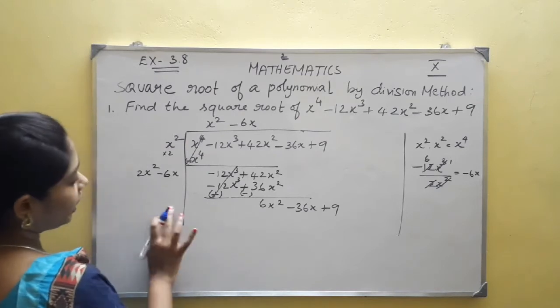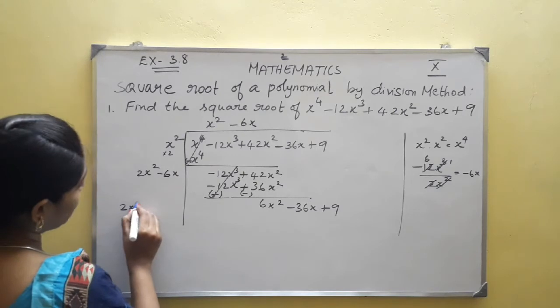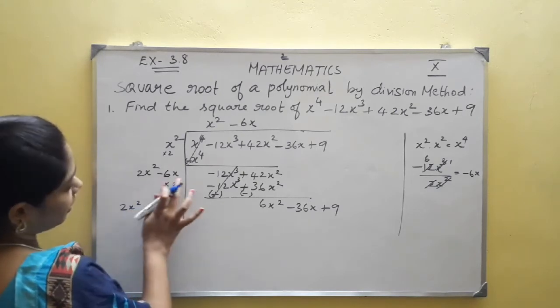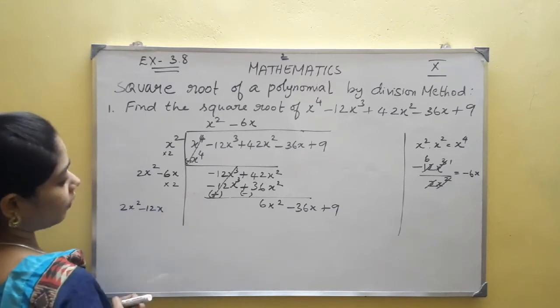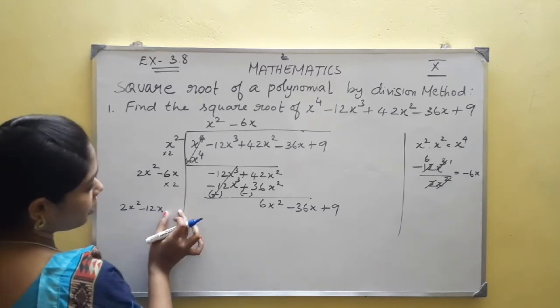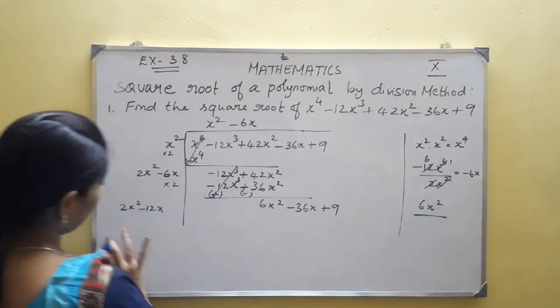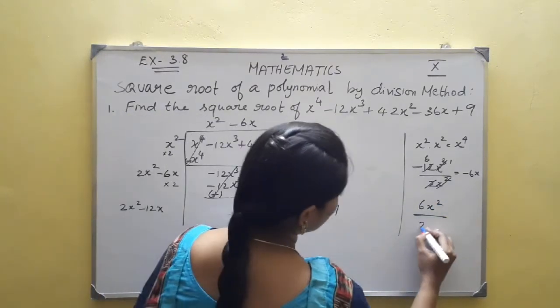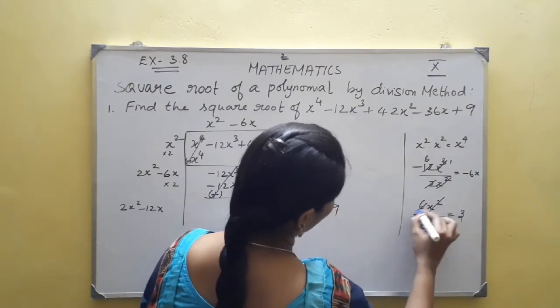Now you need three terms over here because you have three terms here. Now 2x square, multiply the second term by 2, you will get minus 12x. So what is supposed to come here? Take this 6x square, now take 2x square, divided, you will get 3.